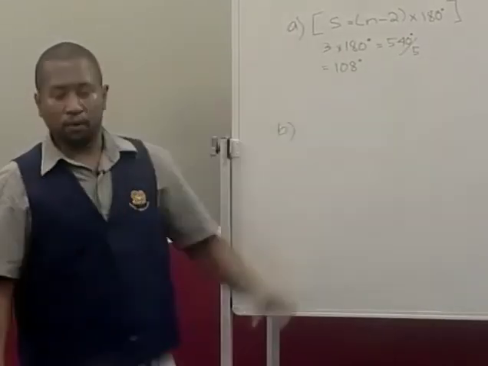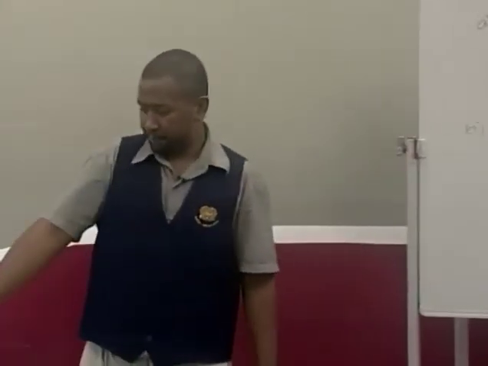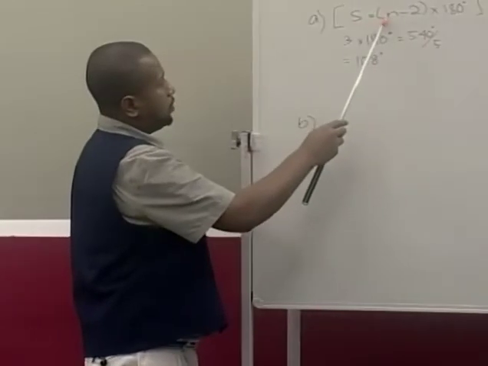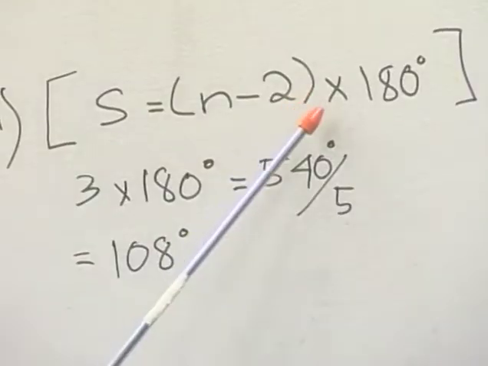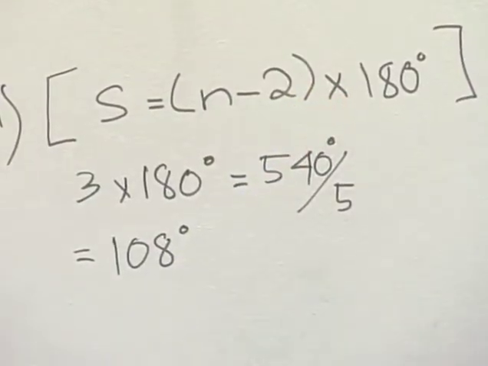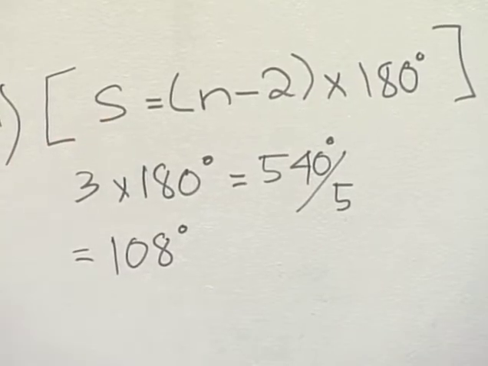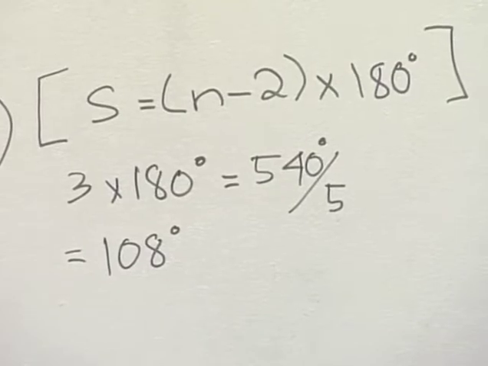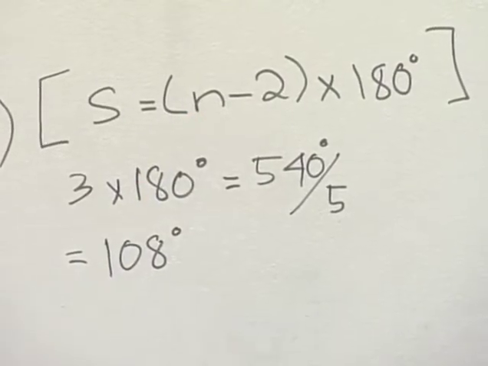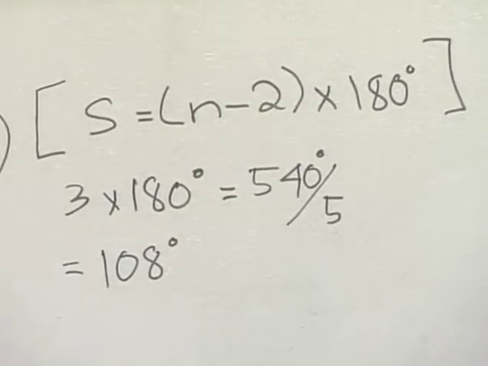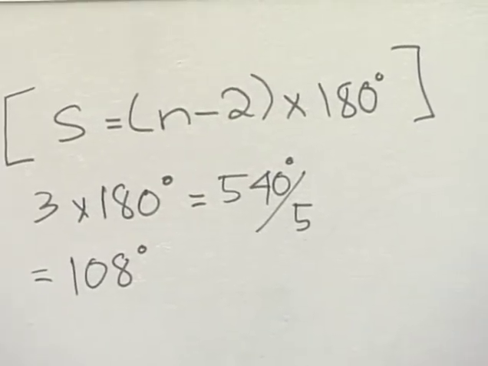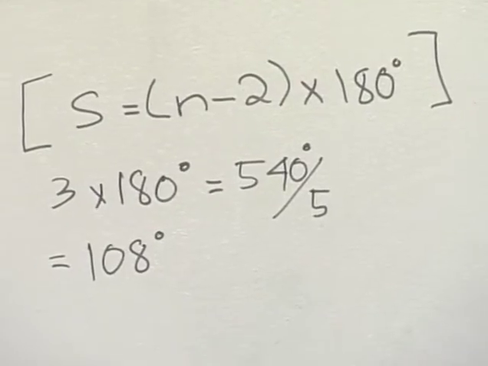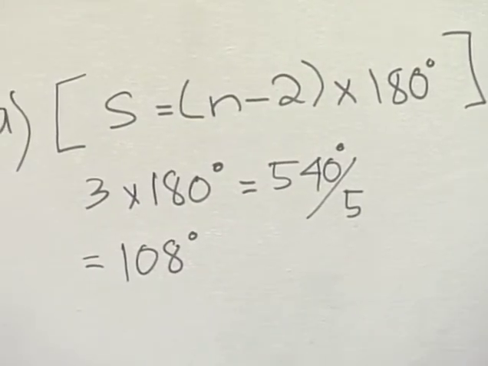Okay. Now, class, look up here. The formula S equals, in brackets, n minus 2, in brackets, times 180 degrees. S represents the sum of a polygon, n represents the number of sides of that polygon, and then times by 180 degrees. So A is asking for a regular pentagon.